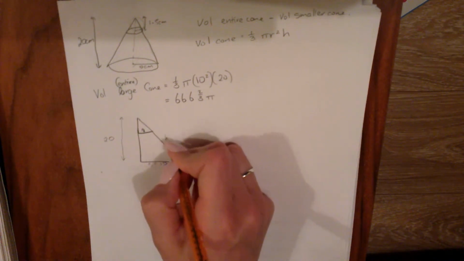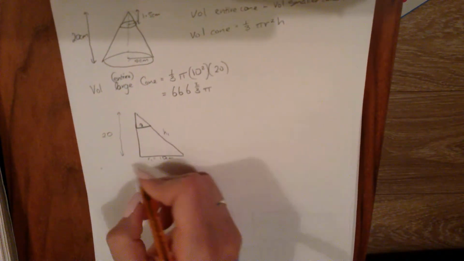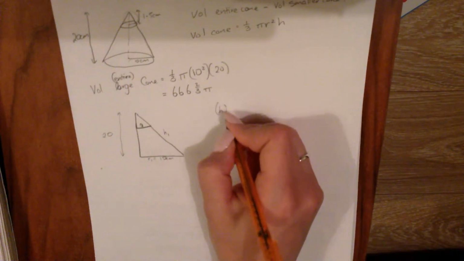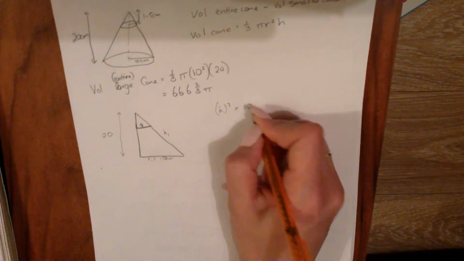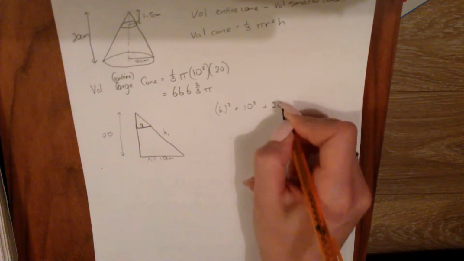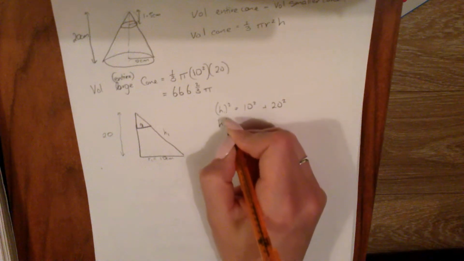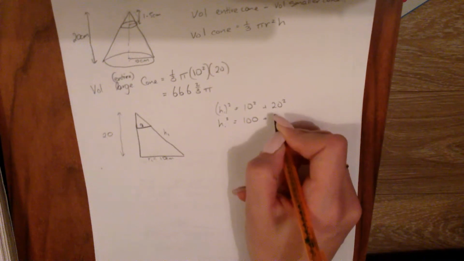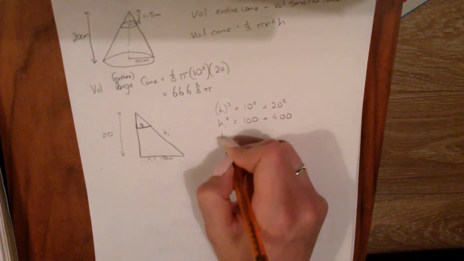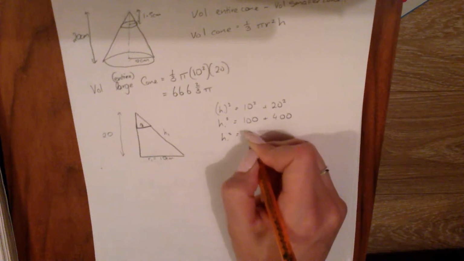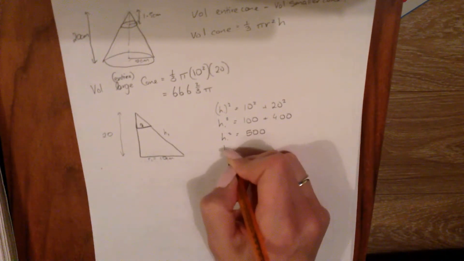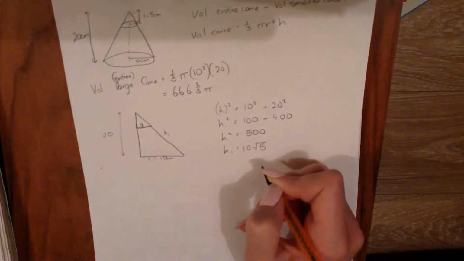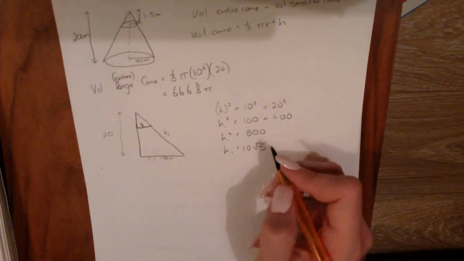So if we call that H1, using Pythagoras' theorem, H1 squared is going to be equal to 10 squared plus 20 squared. So H1 squared is 100 plus 400. H1 squared is 500. So H1 is 10 root 5.